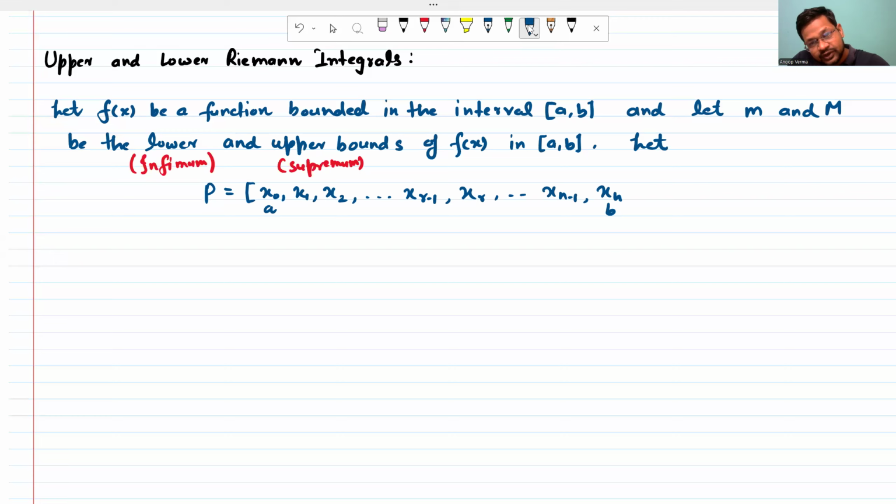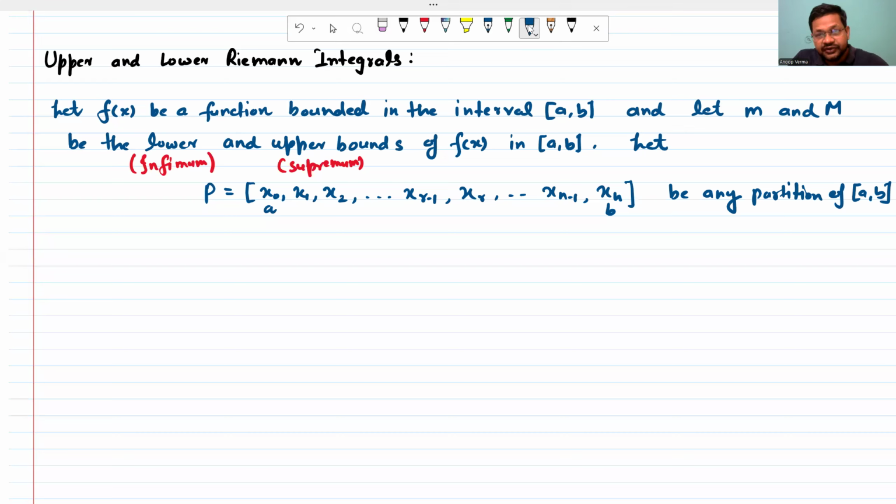So xn is the b point. So here n plus 1 points in this partition, and n intervals will be formed. n sub interval यहाँ पर बनेगी। Be any partition of this closed interval a comma b.